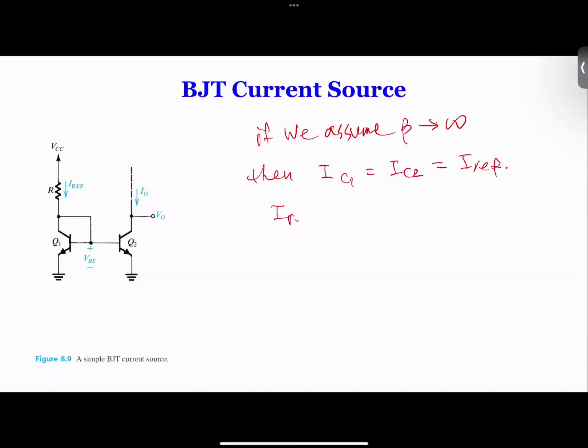Now I reference equals VCC minus VBE over R, okay?